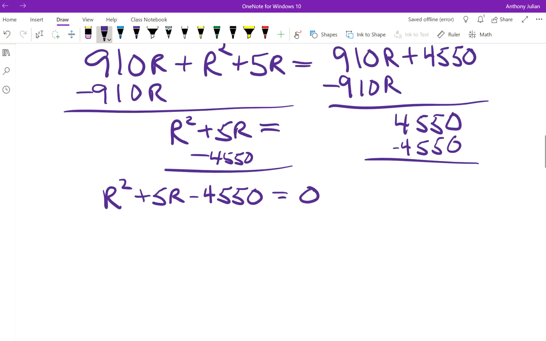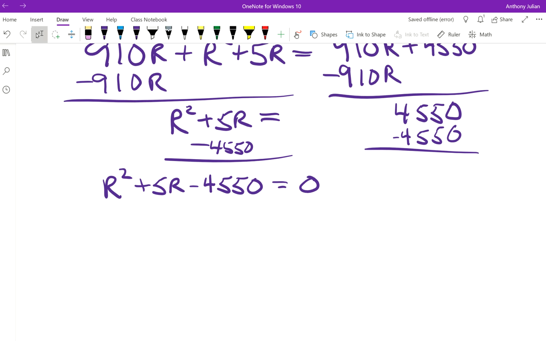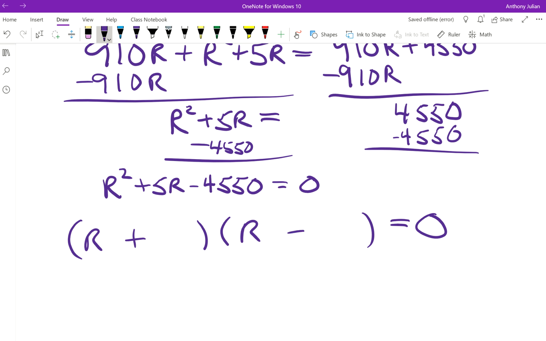So now on this problem, you're going to have to figure out how to factor that. I know that it's the easy one. So I got 2 parentheses here. All right, and I know I'm getting it equal to 0. So let's fill it up with what we can. How about an r here and an r here? I got a plus and a minus.